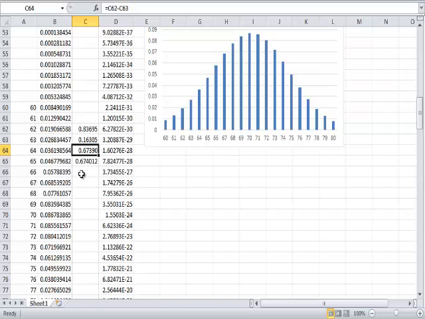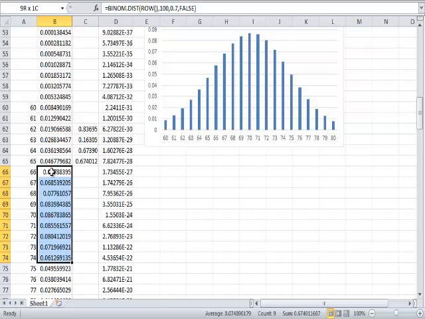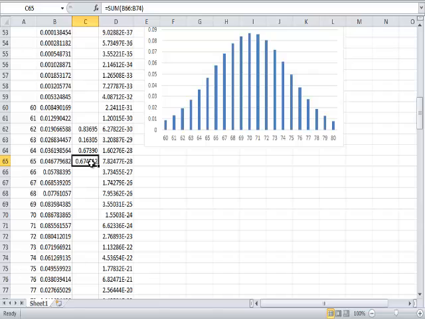Now, what is this 0.674? I'm taking the sum from 66. Remember, this is 65.5. 66 up to 74, B66 to B74, that's 0.674.